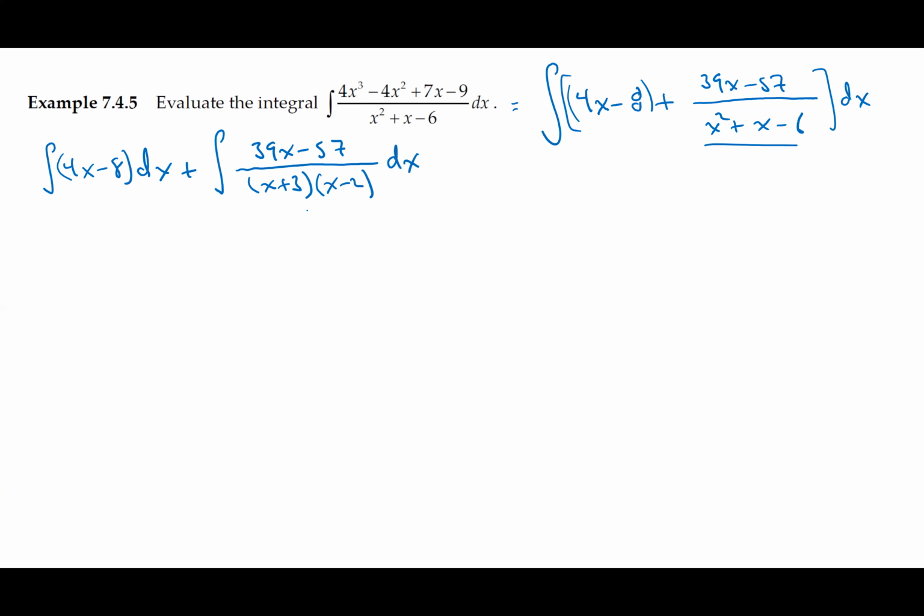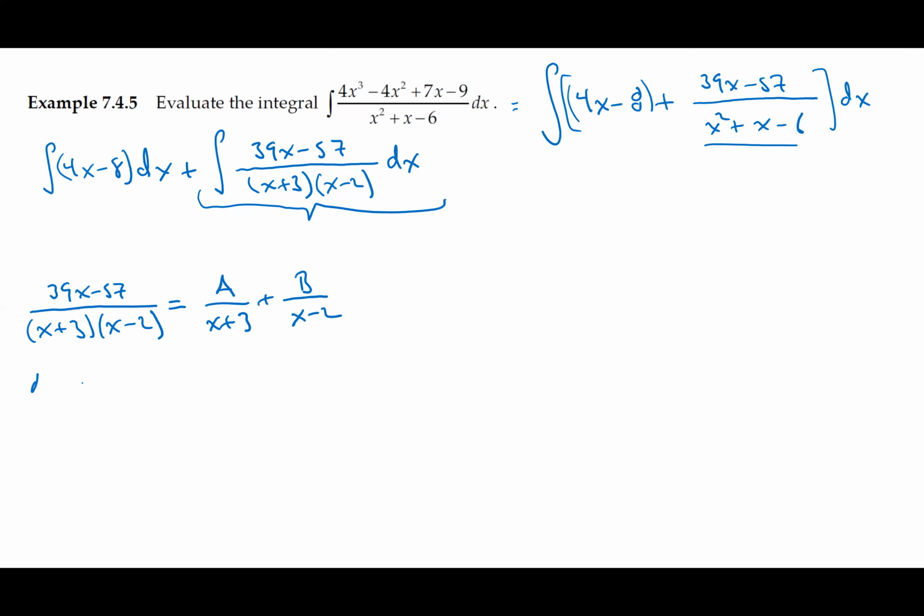So let's just focus on this integral. So 39x minus 57 equals, well, these are linear factors. So I have A over x plus 3 plus B over x minus 2.